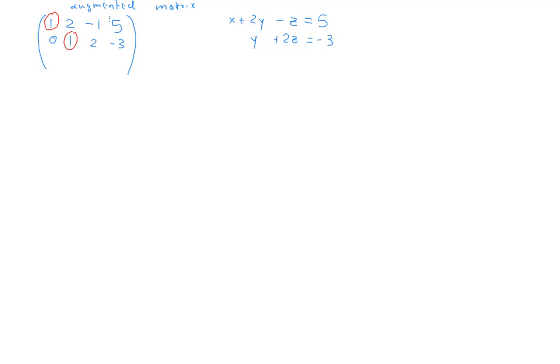Pivots are the leftmost non-zero entries of the row, and everything underneath them is 0.